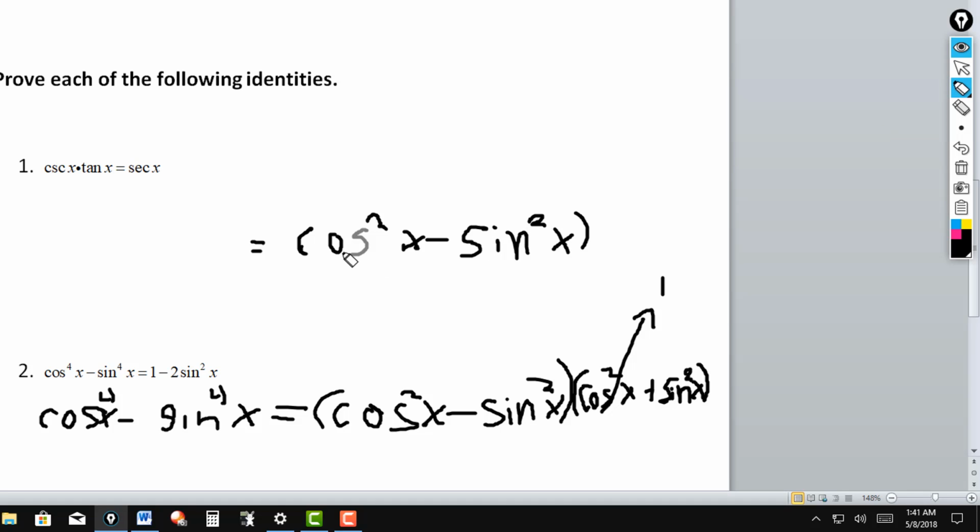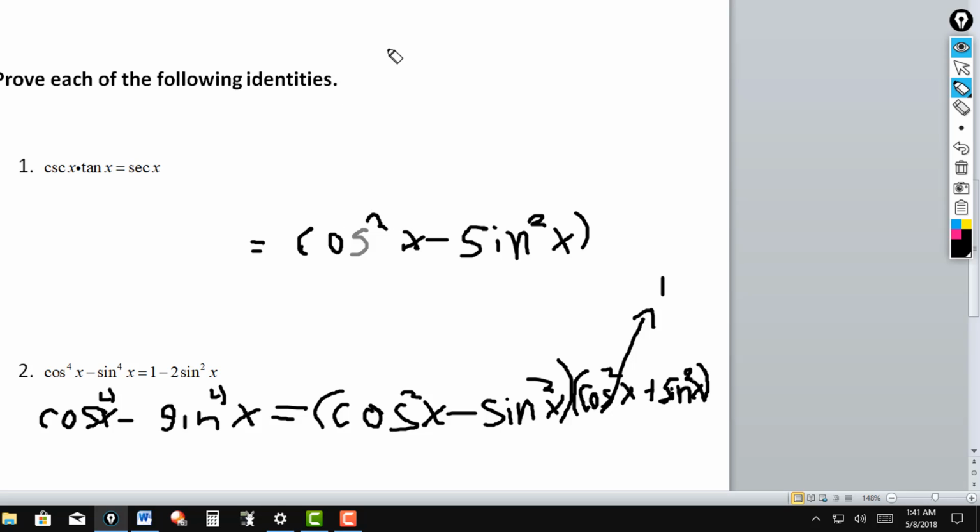Okay, so so far we've got cosine squared x minus sine squared x. Now what do I want to get? I want to get 1 minus 2 sine squared x. So I've got a sine squared here. So that would suggest that I would want to get some kind of substitution for cosine squared.